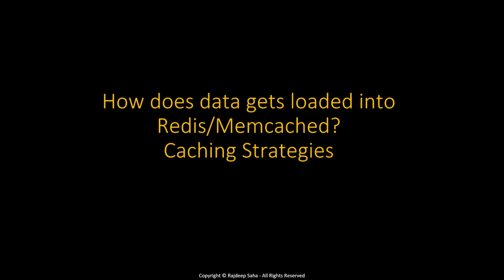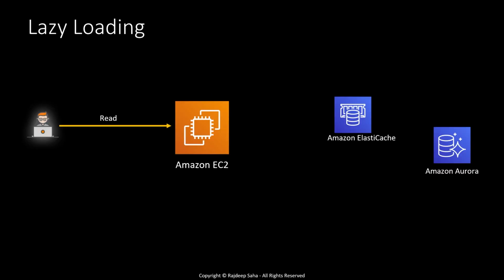So there are two methods of doing this. With lazy loading, when the user or the application tries to read something, the application code first checks with the cache. Amazon ElastiCache, just for those of you who don't know, is the Amazon caching service, but it runs either Redis or Memcached. If that information is found in the cache, we call it a cache hit, and the information is returned to the user.